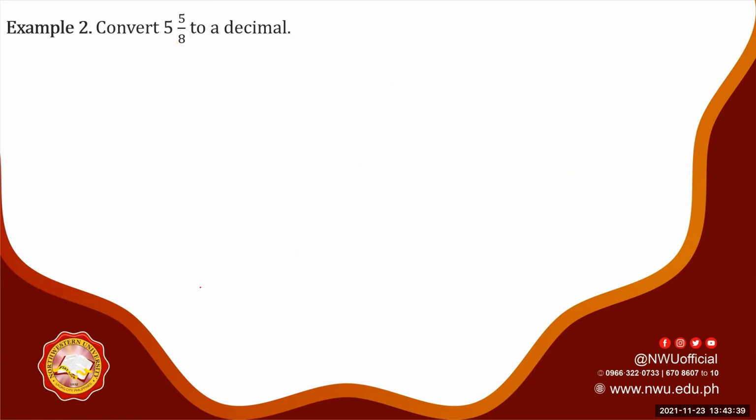So what we need to do is divide the numerator by its denominator. That's 5 divided by 8. And 5 divided by 8, following what we did earlier, is 0. But you can extend that by adding a decimal point and another 0. So 50 divided by 8, that's 6. 6 times 8 is 48.